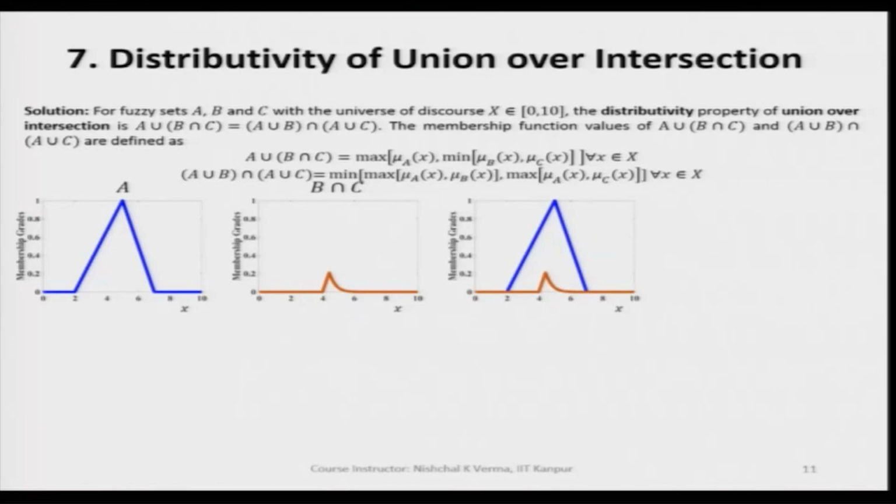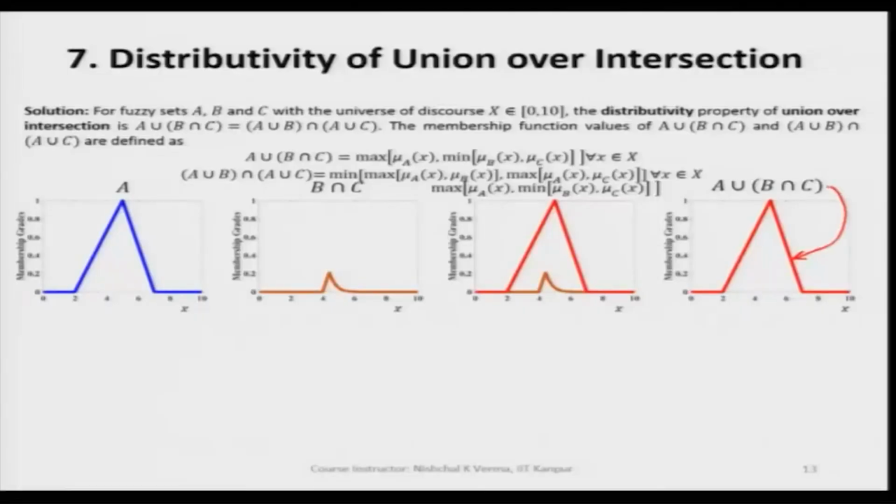We overlap these two fuzzy sets here, and when we take the union of these two fuzzy sets, by applying the max criteria, we are going to get this as the union of A fuzzy set and B intersection C fuzzy set. This way we get a triangular membership function, which is a normal membership function.